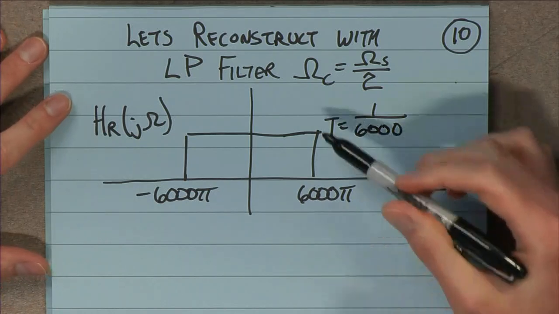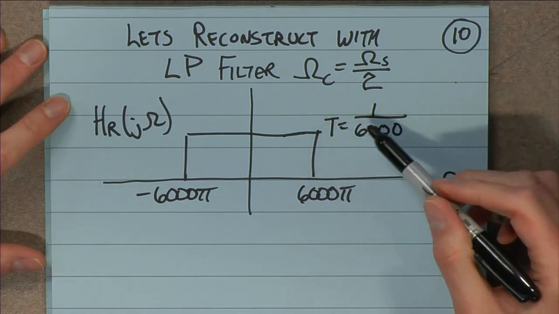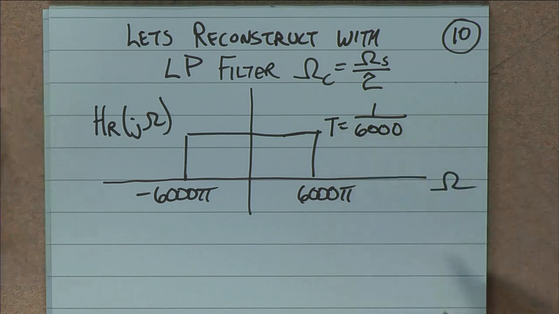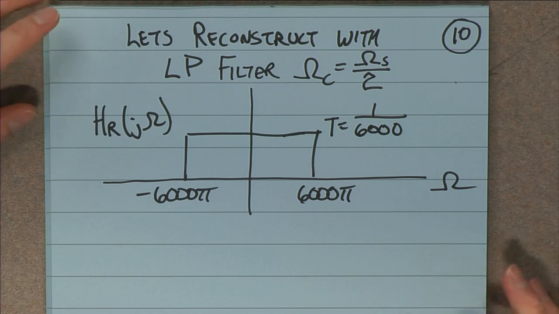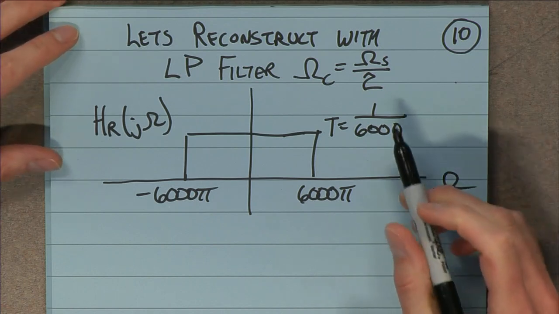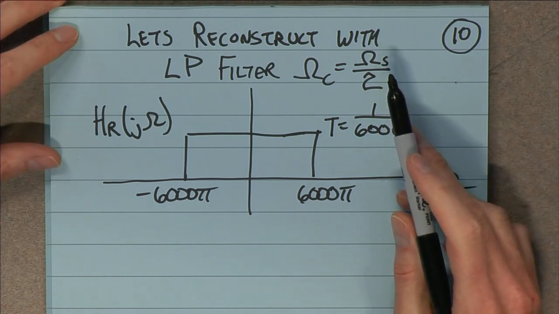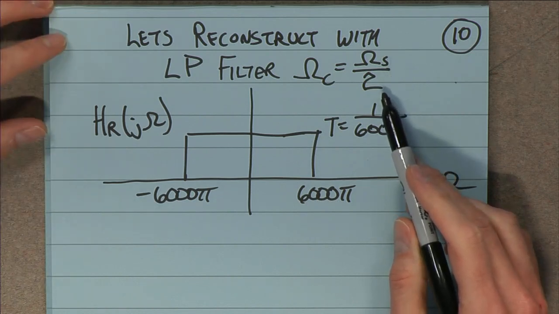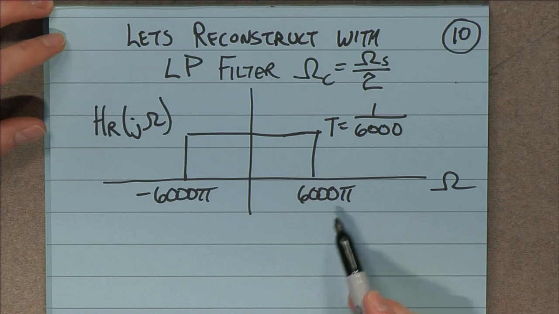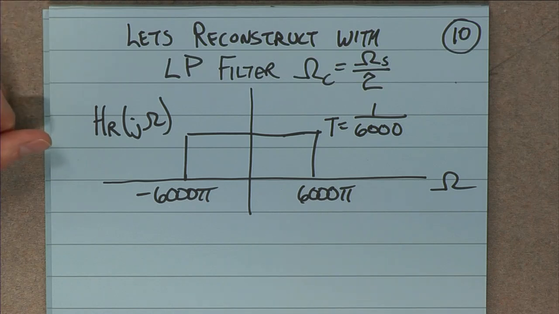The height of these reconstruction filters, or the magnitude, is always T, because as we did the sampling it was 1 over T, so they cancel and you get back to the innate magnitude of the spectrum, which is what we want. We're sitting here at ω_s of 12,000 pi, because the sampling rate was 6,000 hertz. Divide by 2, and that puts you at plus and minus 6,000 pi. So that's where that comes from.